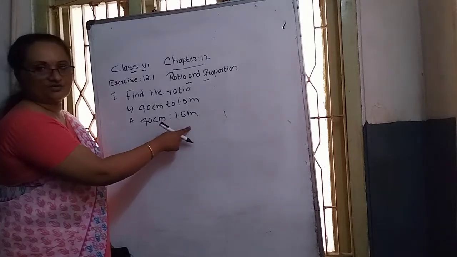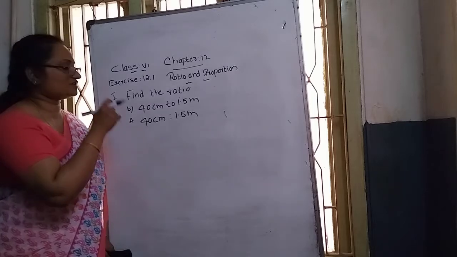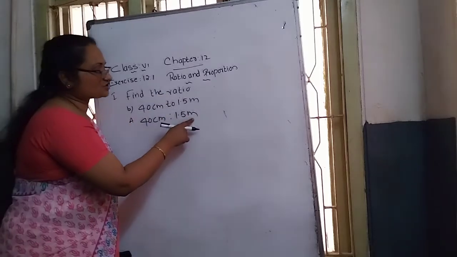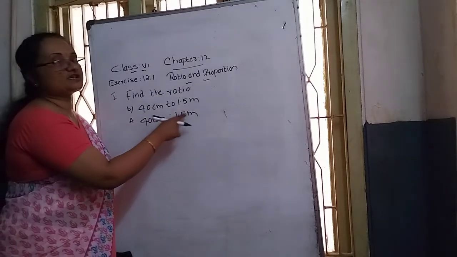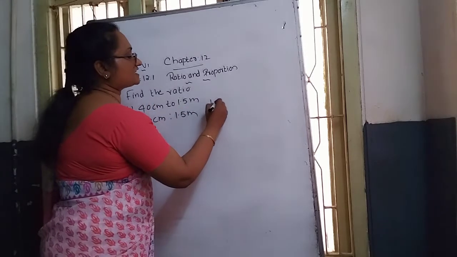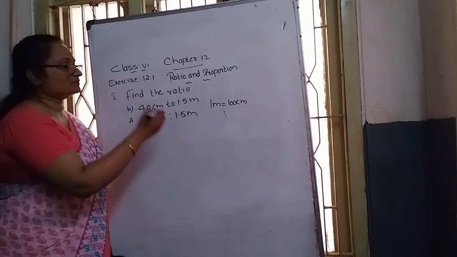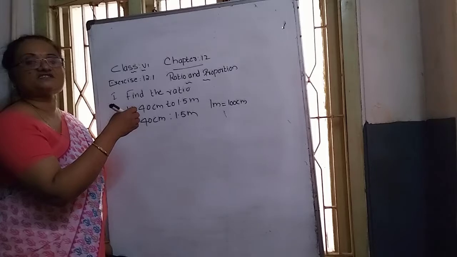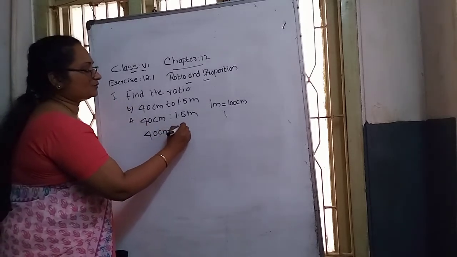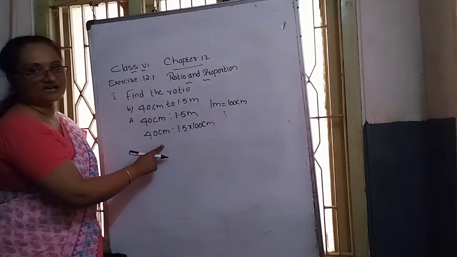Both are in different units, one in centimeter, the other in meter. First we convert the meter, the highest unit, since converting the highest unit is easier. 1 meter contains 100 centimeter, so converting meter to centimeter means multiplication. The first part, the antecedent, has no change. 1.5 is multiplied by 100. Now both have the same unit.